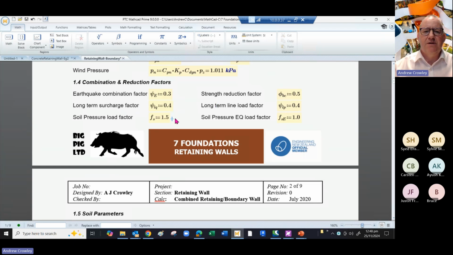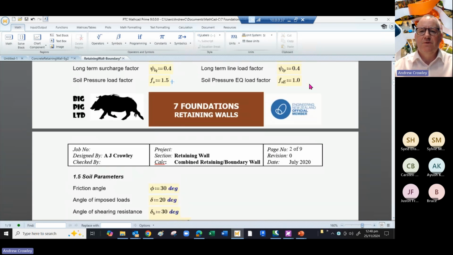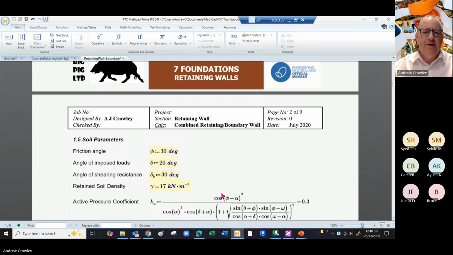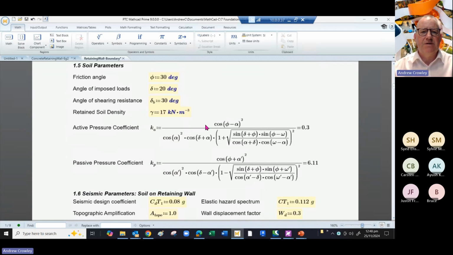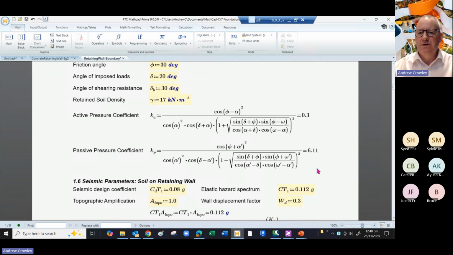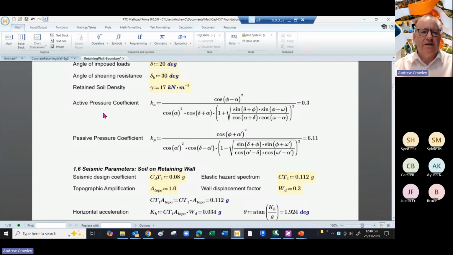Our soil pressure factor is going to be 1.5, but for earthquakes it will be 1. So our soil parameters are given here, very similar to the previous example. And we've worked out the active pressure and the passive pressure using the Coulomb equations.